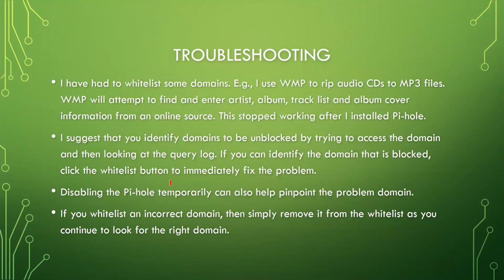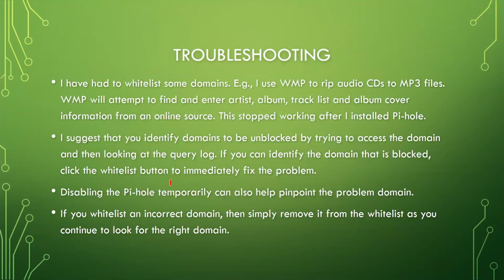I use Windows Media Player to rip audio CDs, and the Pi-hole was blocking attempts to get the metadata for the track from it. I used the query log to identify that, whitelisted it, everything was fine after that. We also have a Roku video streamer with a PBS subscription, and trailers would show up fine on our TV, but every time I asked for a full episode, it would crash it.